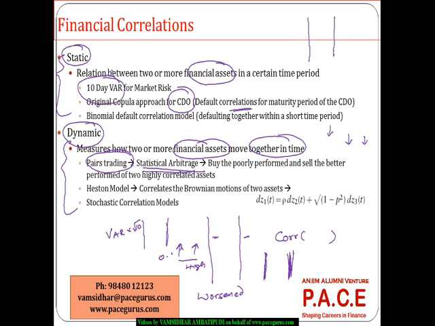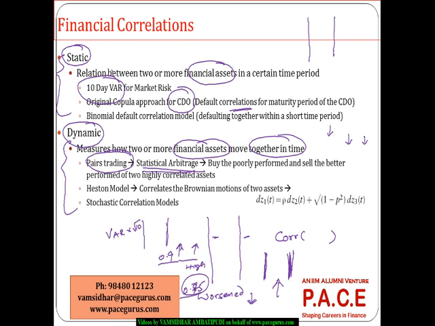Earlier, let's say the correlation is 0.9. But on one single day, I am seeing that the correlation became 0.75. Then my strategy is I will buy the one that has performed lesser, that has gone down, and I will sell the one that has gone up, with a simple assumption that the correlation will again go back to the previous level. That is what we are calling pairs trading. We'll discuss that pairs trading model quite in a while from now.